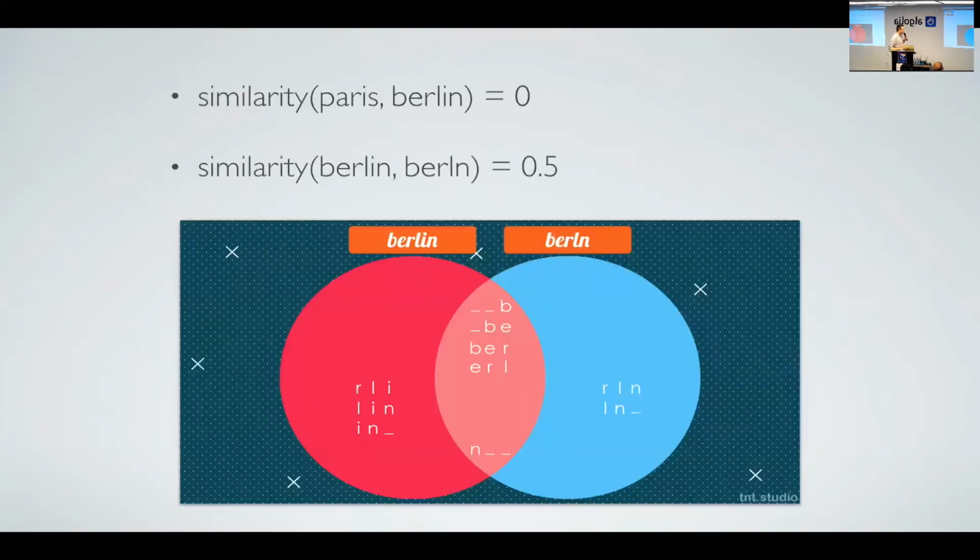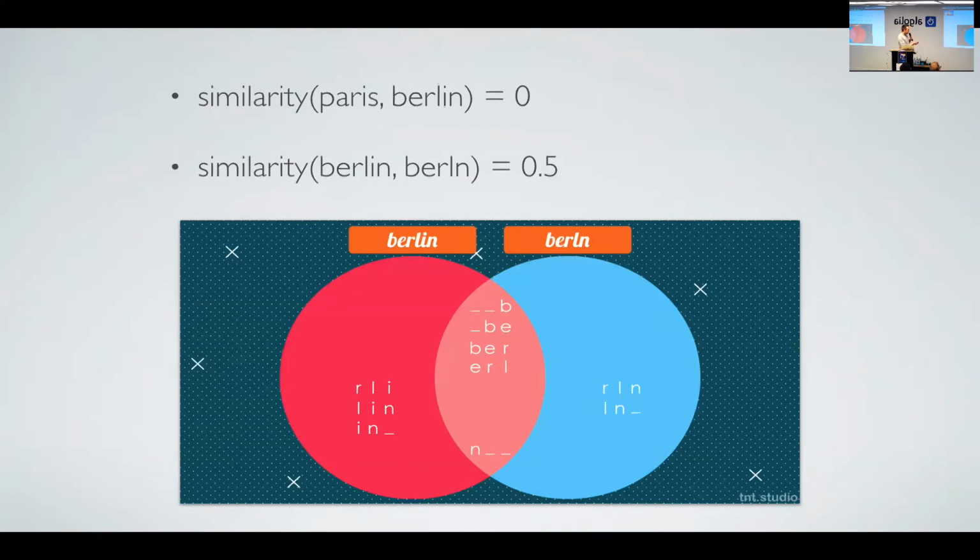So let us show how the similarity calculation works. We have two strings and we break them down into trigrams. For the Paris-Berlin example, no trigrams are the same, so the similarity is 0. In case of Berlin and Berlin with a typo, missing an I, the similarity is 0.5. So how does this work?